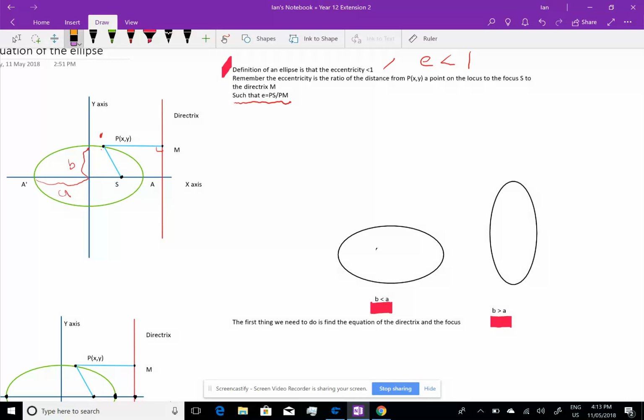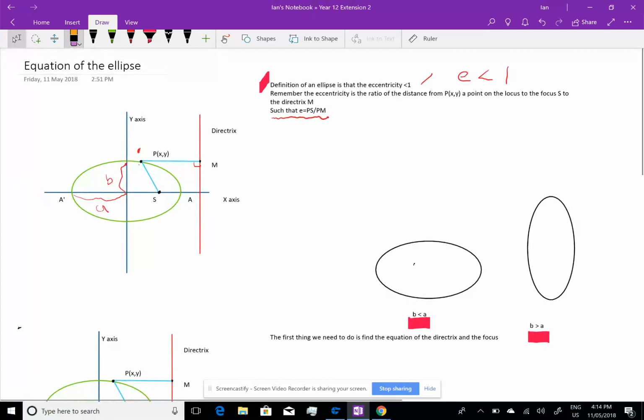So there's our idea that an ellipse, this new conic that we're dealing with, has an eccentricity, which is the ratio of the distance from any point to the focus, to the distance from that point to the directrix, and the eccentricity is less than 1.